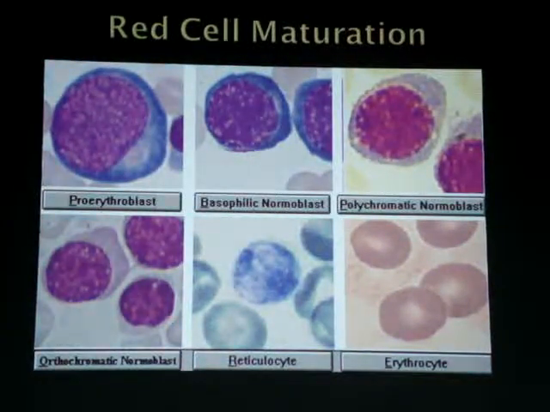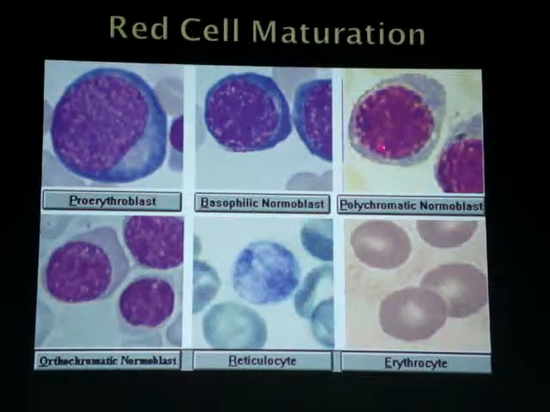There is already hemoglobin in the cytoplasm imparting a pinkish hue, plus the presence of the rough endoplasmic reticulum and the RNA. The RNA will have a basophilic color, and hemoglobin will have the pink color, so polychromatophilic.